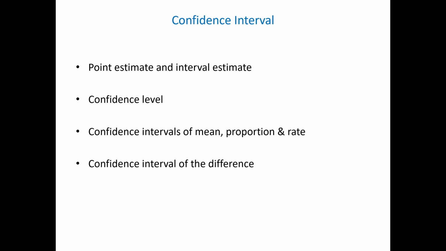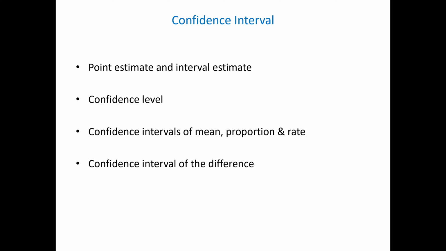You can even calculate it for a difference in means, in a situation where you are studying two groups, two populations. In the example we gave, the mean blood pressure for this population is 130 and the mean for the other is 120. You can see the difference of 10.